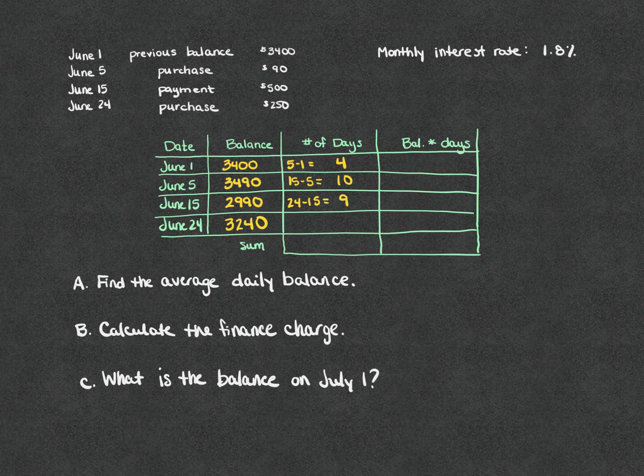And here's where you've got to be careful. There are 30 days in June. If you simply do 30 minus 24 for this next step, and then you add up the 4, the 10, the 9, and the 6 that you would get, you will find that your sum is 29. You fall 1 day short.